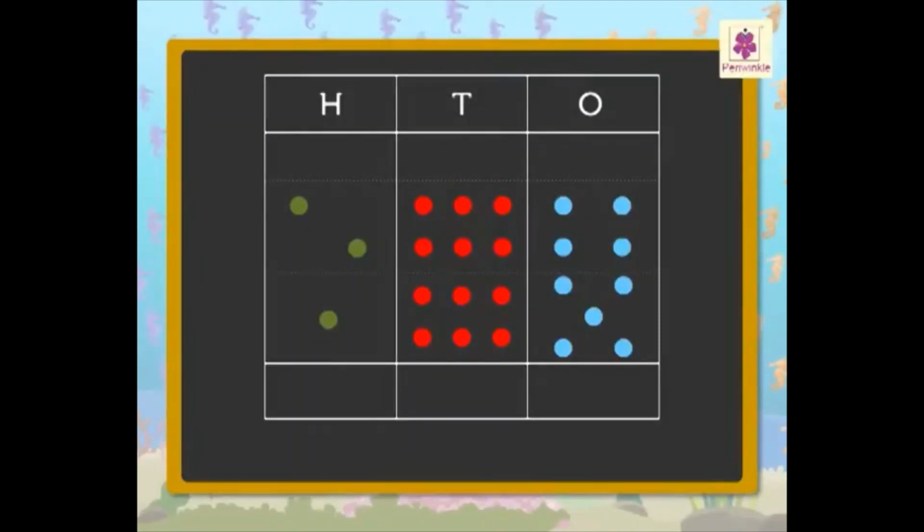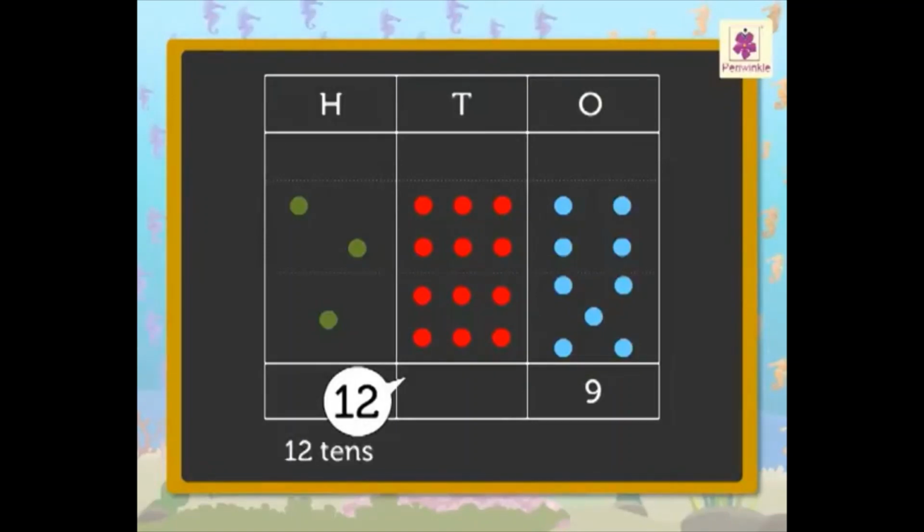Now, let us add the dots in the ones column first, then the dots in the tens column, and lastly the dots in the hundreds column. So, 4 blue dots plus 5 blue dots is equal to 9 ones. Now add the tens, that is 6 red dots plus 6 red dots is equal to 12.